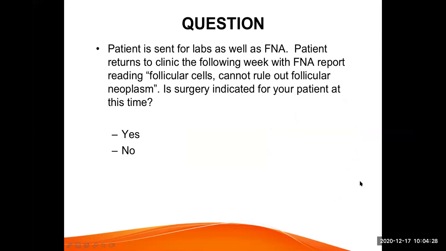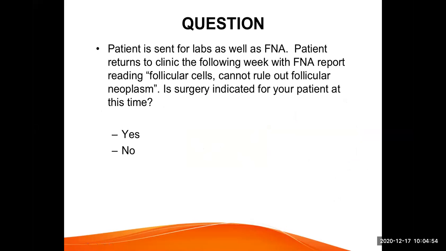Now, another important investigation they have done is FNAC or FNA, whatever you want to say. This is fine needle aspiration, or we can also write fine needle aspiration cytology. The patient returns to clinic the following week with an FNA report reading follicular cells and cannot rule out follicular neoplasm.